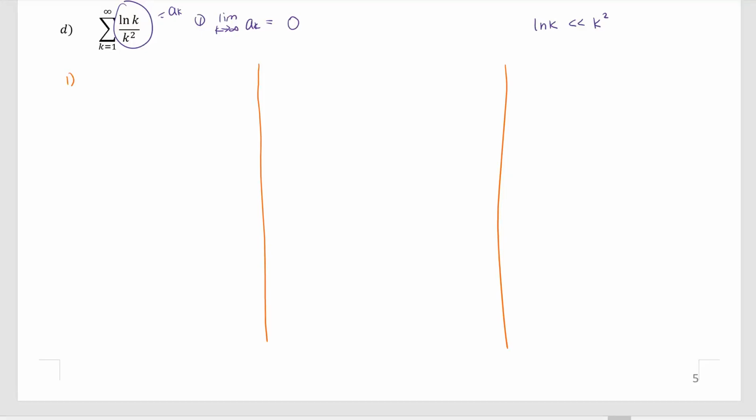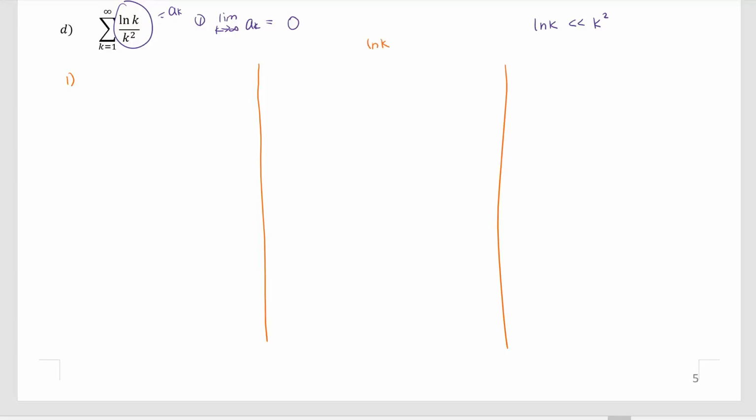We know the denominator is like k squared, so it's similar to a k series, but the numerator is not a constant. If this were a rational function, we would just look at the dominant terms. But here we have ln of k over k squared, but still maybe we can try to figure that out.